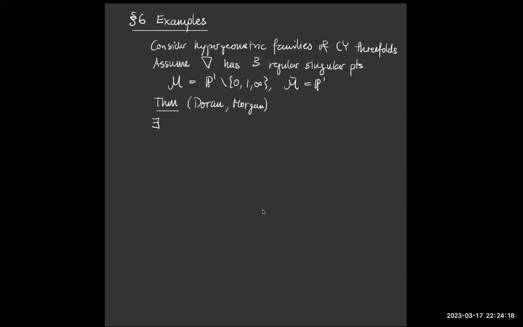So there exist 14 Q variations of Hodge structures of Hodge type 1, 1, 1, 1, such that the monodromy around 0 is maximally unipotent.